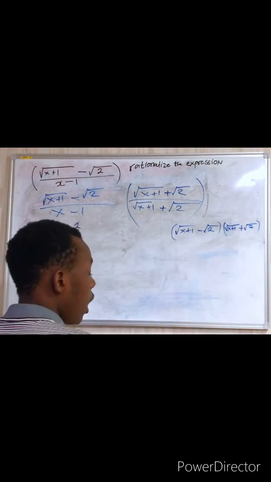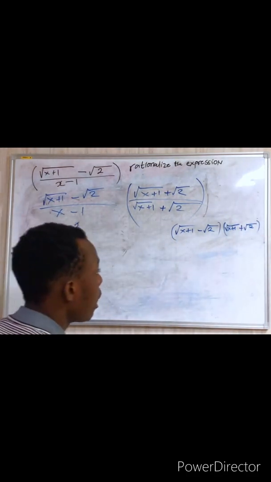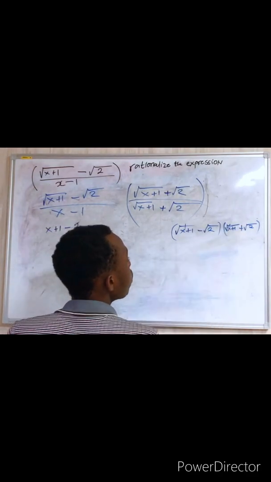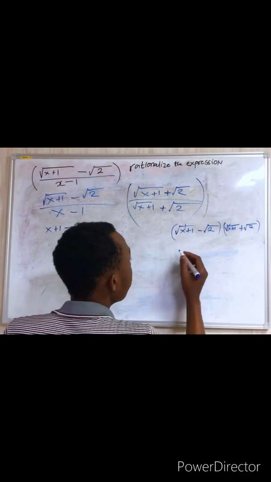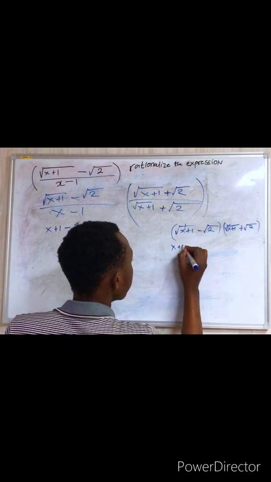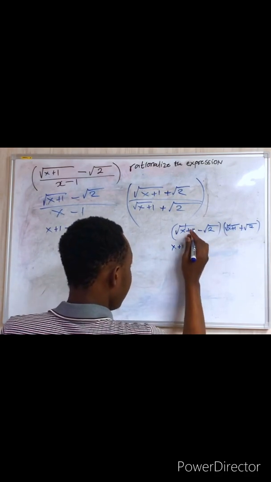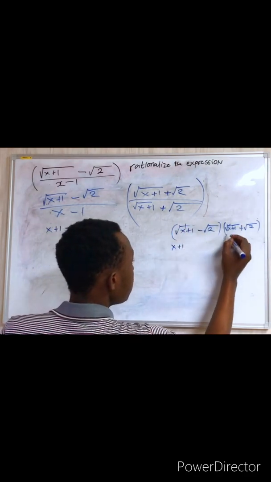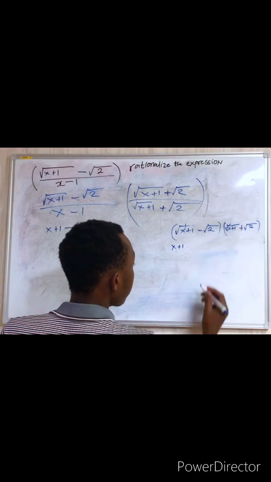So according to the laws, when you are multiplying the roots, this root and this root will cancel, so that means you're going to have x plus 1. And then when you multiply this expression here times this expression, what are you going to get?